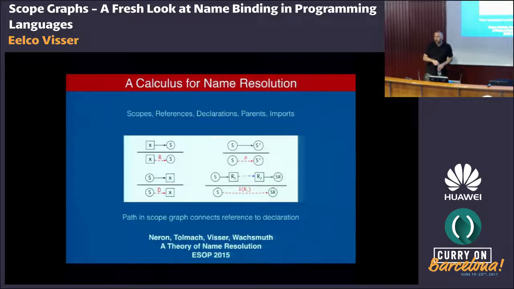So we have developed a formal theory around this idea of scope graphs. So there's a calculus of name resolution which tells us how to resolve names in a scope graph. And it consists basically of 4 reachability rules, and we'll look at visibility later.